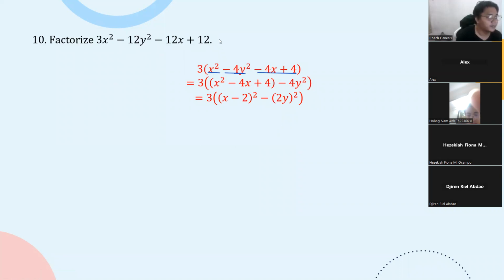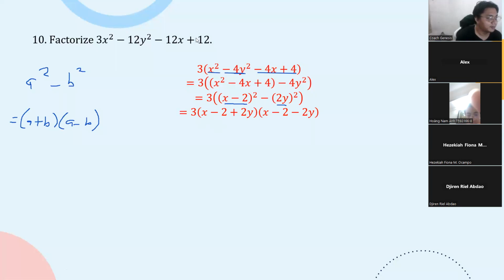Okay. Now for difference of 2 squares, if you have, let's say, a squared minus b squared, that will just give you a plus b multiplied to a minus b. So if this is a and this is b, then you can just write it as 3 multiplied to x minus 2 plus 2y multiplied to x minus 2 minus 2y.